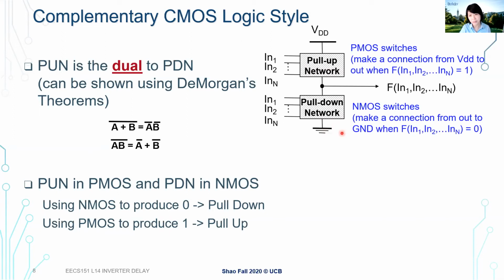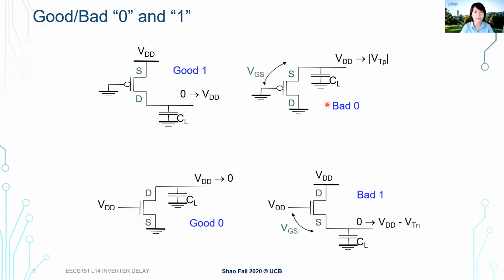So if you look at the pull-up and pull-down networks, we always use the pull-up network to connect our output with VDD, and the pull-down network to connect our output with 0, to produce a 0. To link the topic a little more, some students asked after the lecture about the good and bad 0 we talked about.